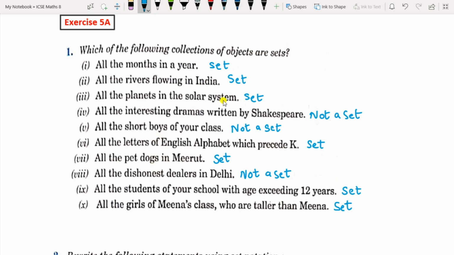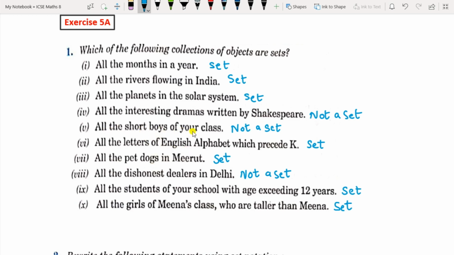All the planets in the solar system. It is a set. All the interesting dramas written by Shakespeare. No, it is not a set because some may find them interesting, some may not. There does not exist a certain parameter to find it interesting. So that's why it is not a set.